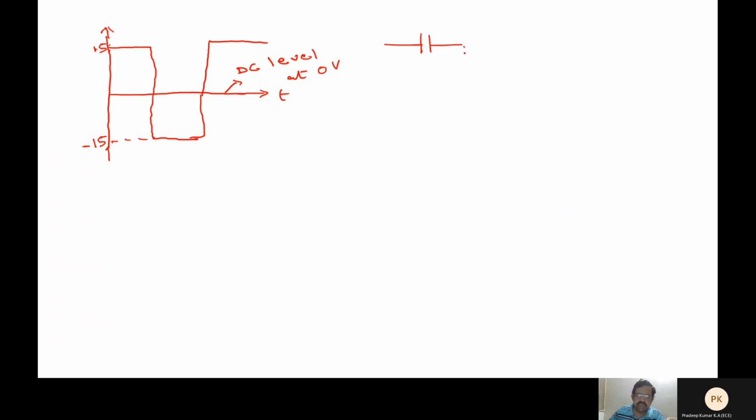So we need the capacitor and then we need the diode. So we are going to have an example of a positive clamper with bias. So see how I am connecting the diode. I want to connect the diode in this fashion to attain the positive clamper.